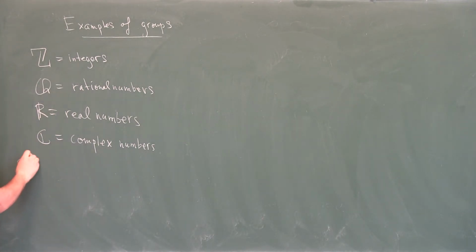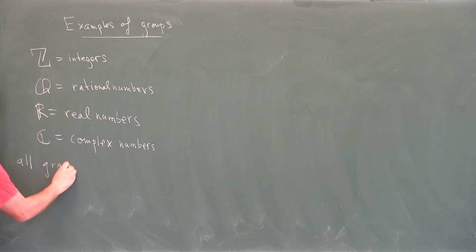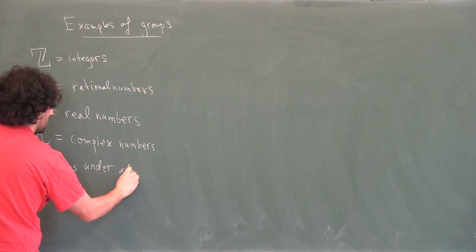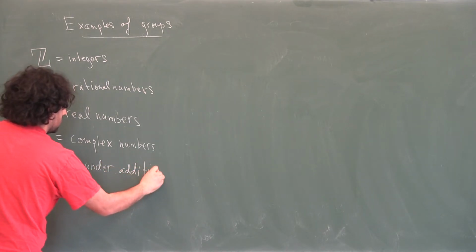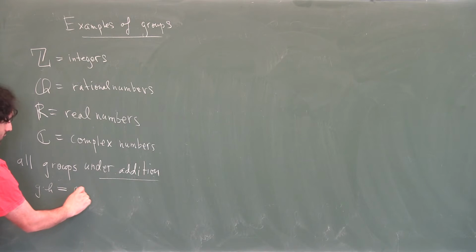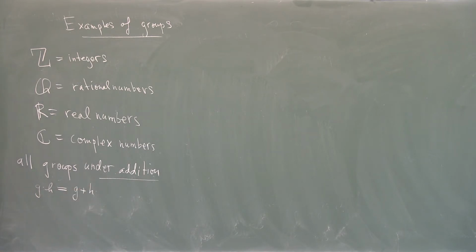These are all groups under addition. What does it mean under addition? It means that this multiplication map G dot H in this case is just the sum of G and H.